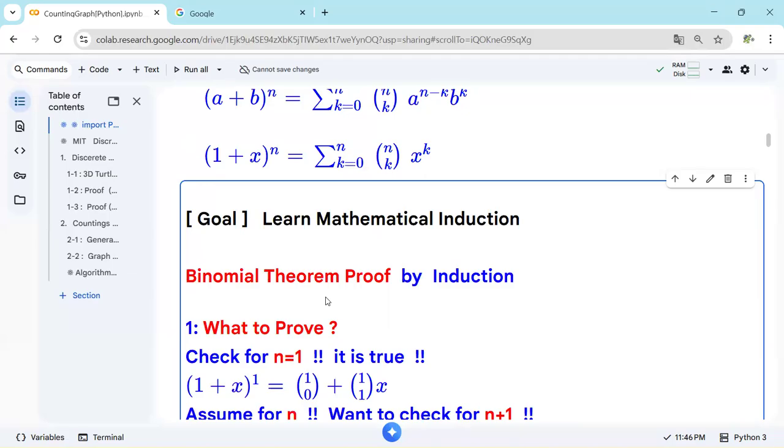I know there is a generalized binomial theorem invented by Newton, but first of all, let's prove the classical old style binomial theorem. In this case, we can prove it using mathematical induction.